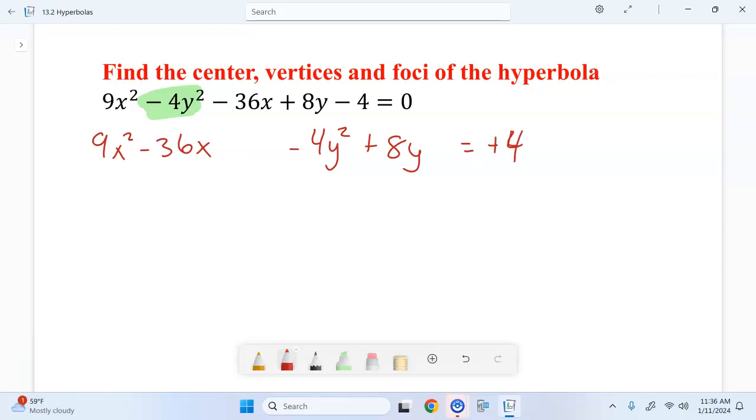Positive for them. Okay. All right, what do we do before we get our boxes? What are we going to factor out? 2 things. 9, and what else? Take the negative. So we factor out the 9.